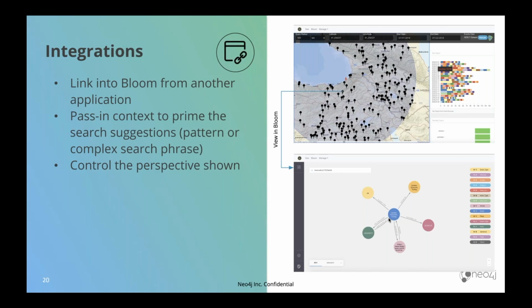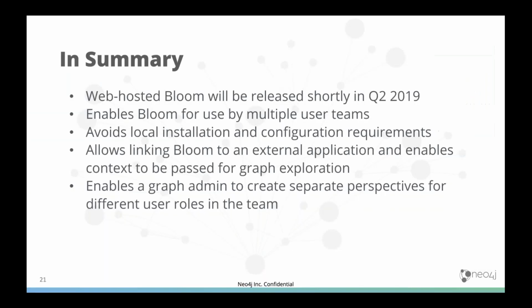You can also control the perspectives that the business user or the non-technical user is going to be able to see when they pass in this particular link. And you can pass in the perspective alongside that link. And so therefore, we feel that with this web-hosted version of Bloom that we will be releasing shortly here, we can enable Bloom for use by these multiple user teams, even multiple teams in a department.